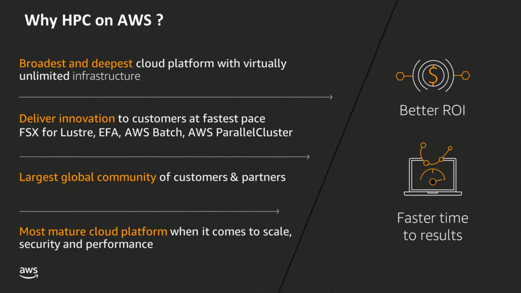AWS now spans 77 availability zones within 24 geographic regions around the world. And with this global footprint, you can increase collaboration with access to clusters from around the world. From weather modeling, reservoir simulations, and genome mapping, HPC has always been about solving the world's most complex problems.